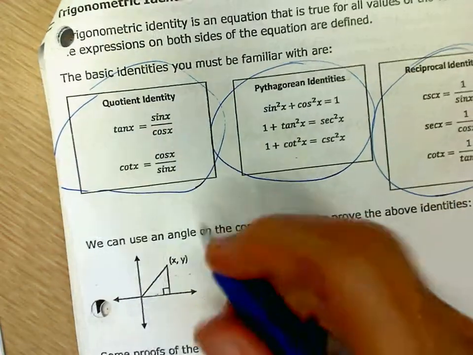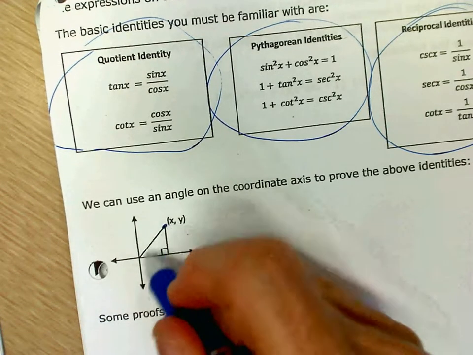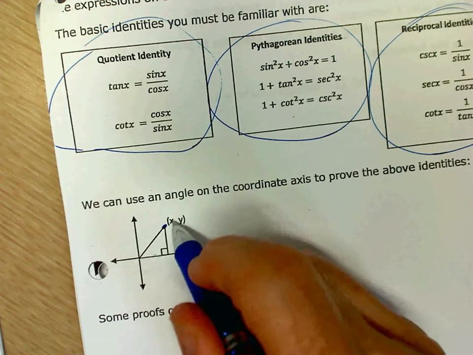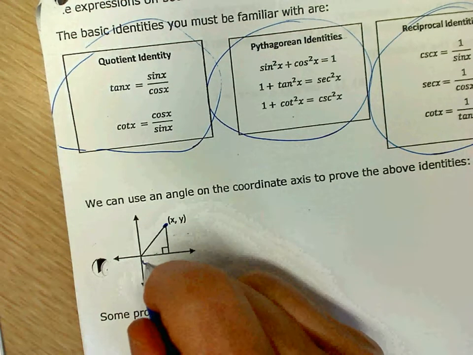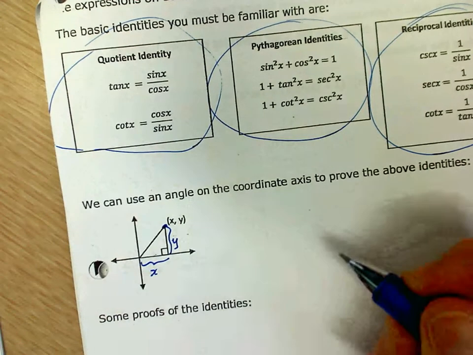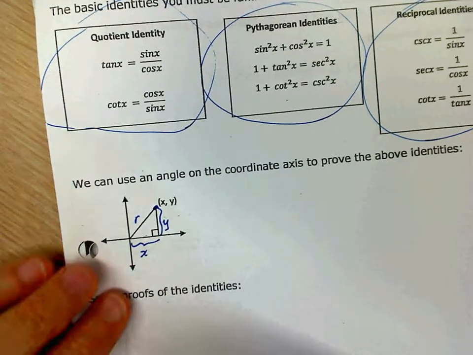Do you recall that if you have a terminal arm in any angle in standard position, and there's a point (x, y) on the terminal arm, that this distance is equal to x, that distance is equal to y, and that hypotenuse we call r? Do you remember when we took that?